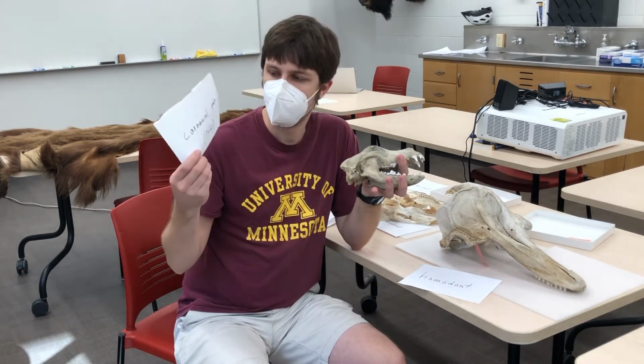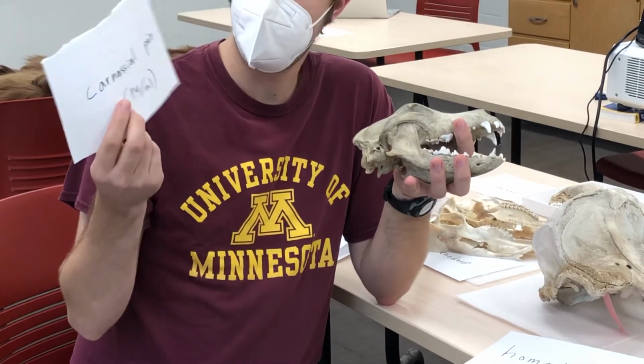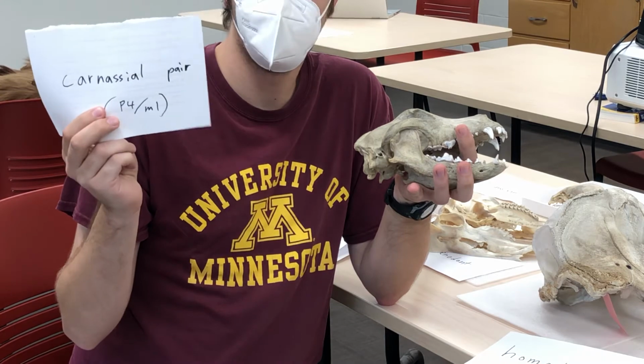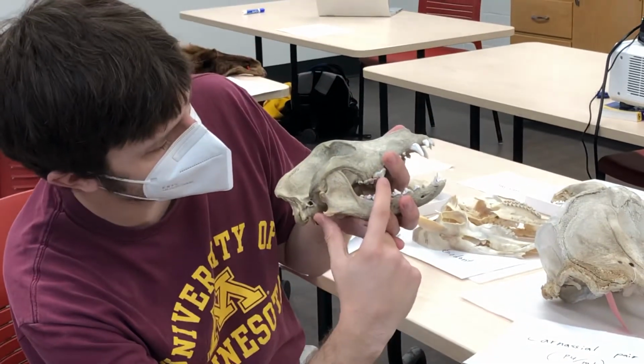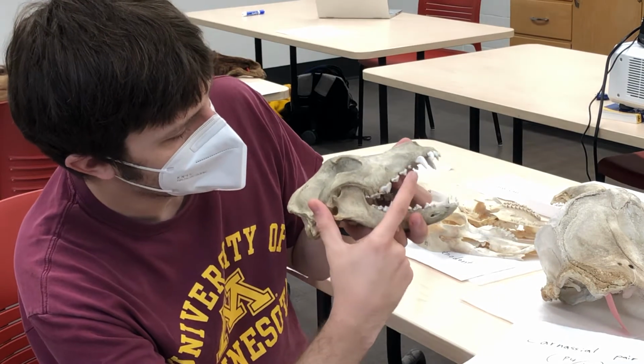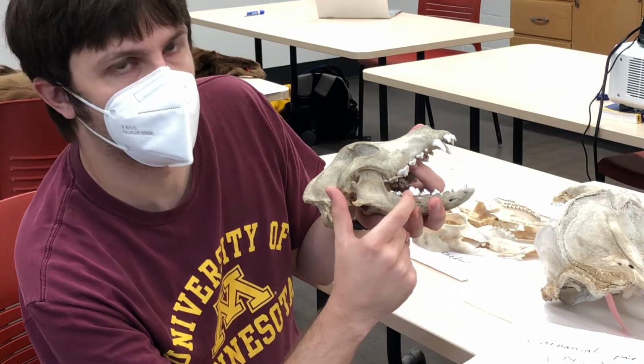Carnassial is defined as P4 over M1. By that, what I mean is it is the 4th premolar over the 1st molar. So this right here, this is the 4th premolar. 1, 2, 3, 4. And this is the 1st molar.